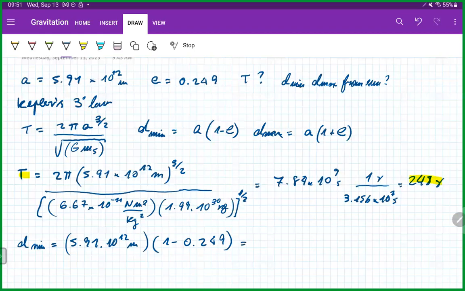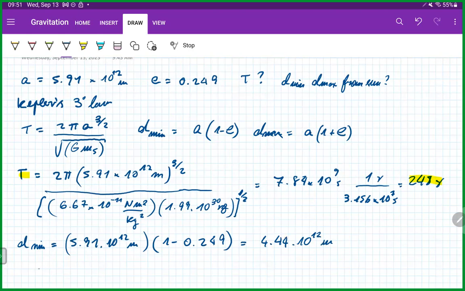That's giving you 4.44 times 10 to the 12 meters. That's D min. And you can do the same with D max.